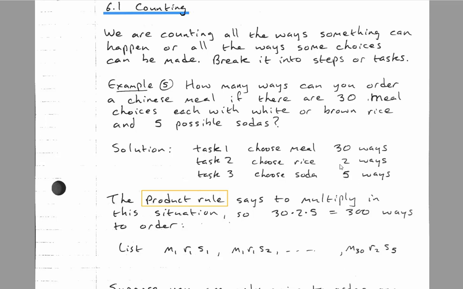And what do we do with these numbers? Yeah, so in this situation, with these separate tasks, you multiply the numbers to get the total number of ways, the total number of choices. So that's 300. Okay, so in this situation there are 300 ways, 300 different meals you could get.